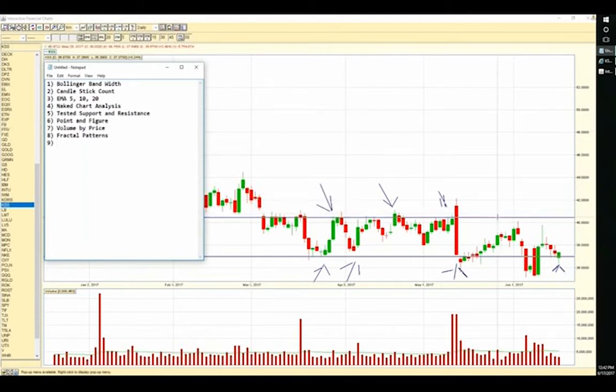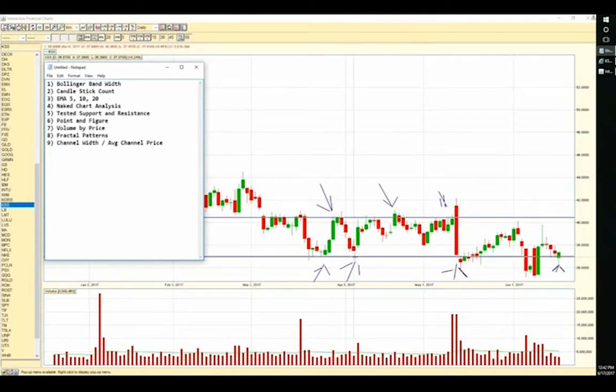I want to take the channel width, so this area between support and resistance, and I want to figure out what is the percentage of this channel width versus the average channel price. So let me write that down for you. Channel width divided by average channel price. Write that down, and then let's do it for reals on this particular candidate right here.